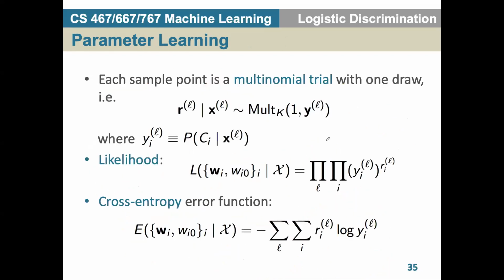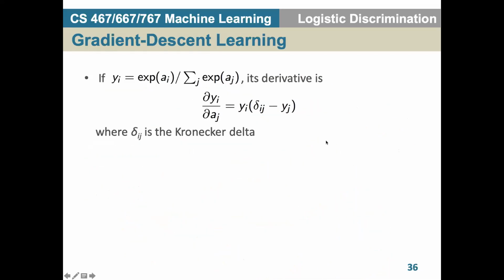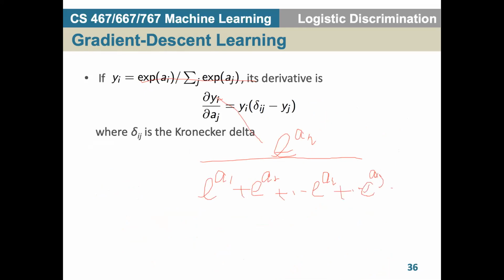Our derivation is doing this: yi is equal to, following this definition, exponential ai over exponential a1 plus exponential a2 plus exponential ai plus exponential aj plus exponential ak. We are taking the derivative with respect to aj. Only this term matters. The others are constants. You can treat them as b1, b2, b3.